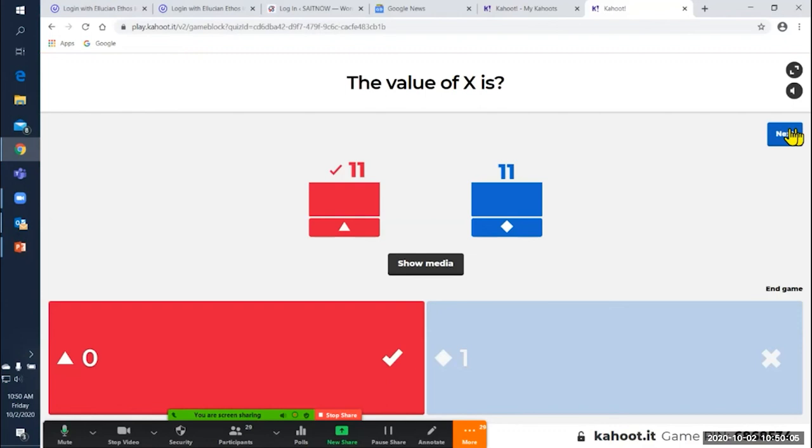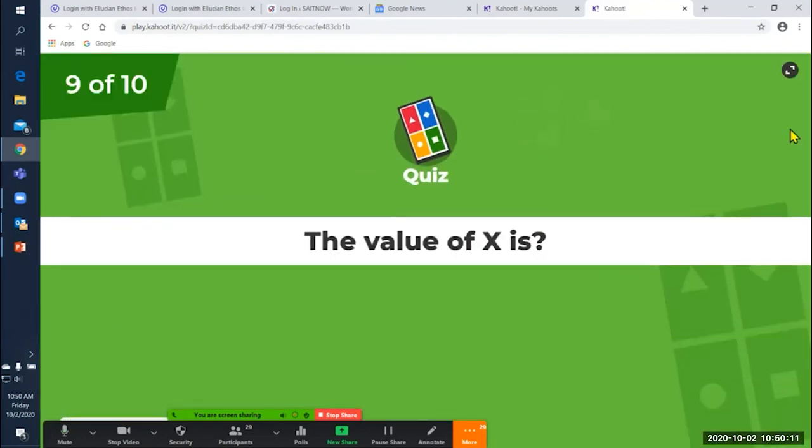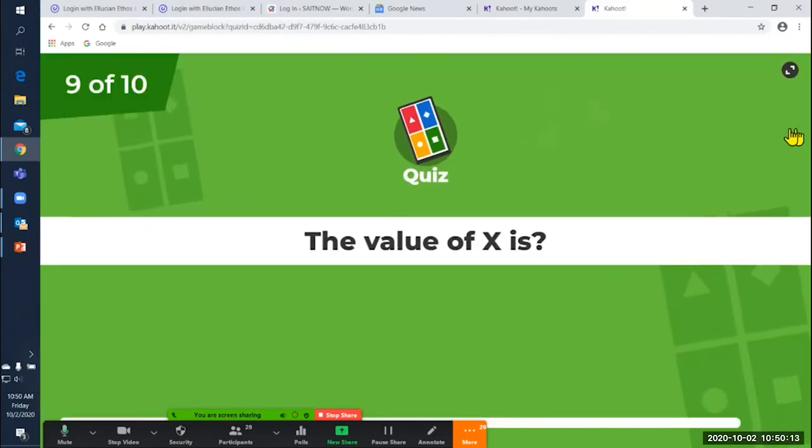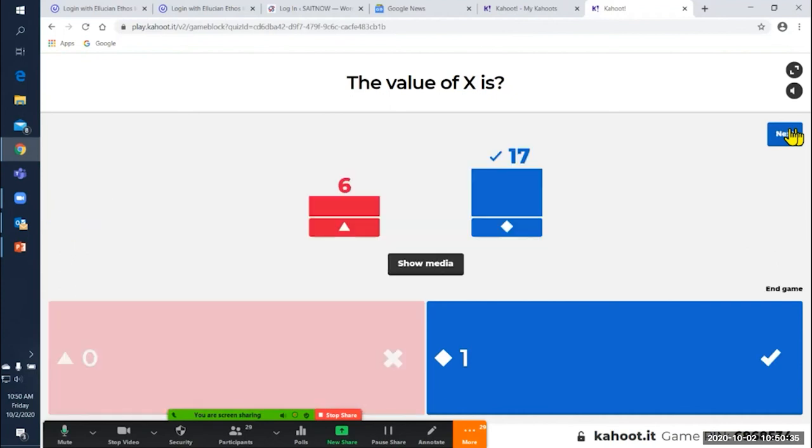Guess I'm going to have to reuse some of these questions. Value of X on this one is... excellent.